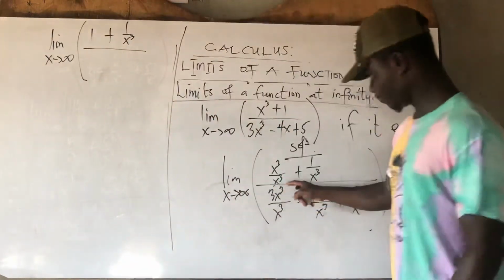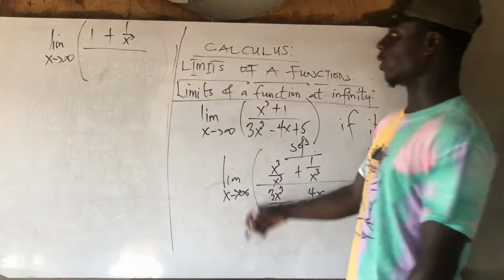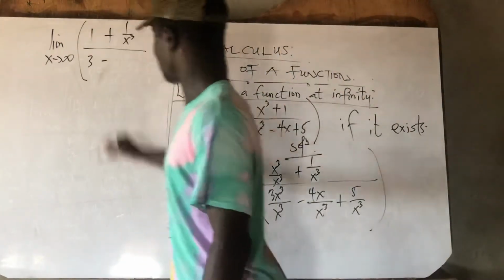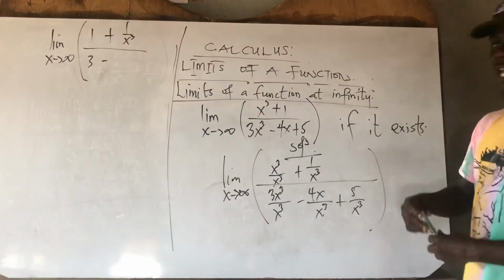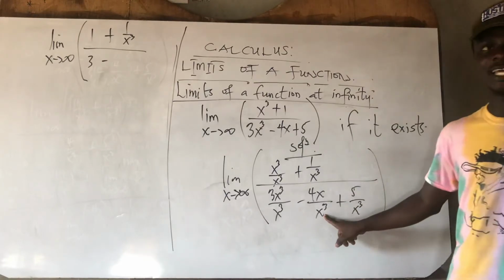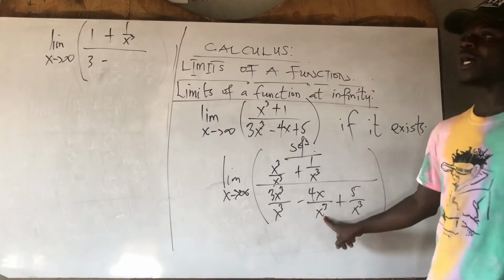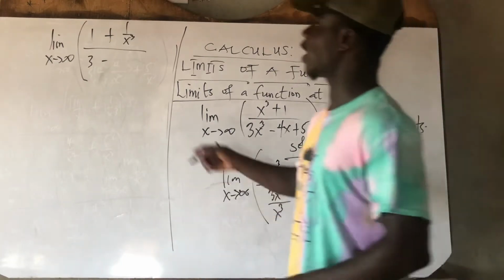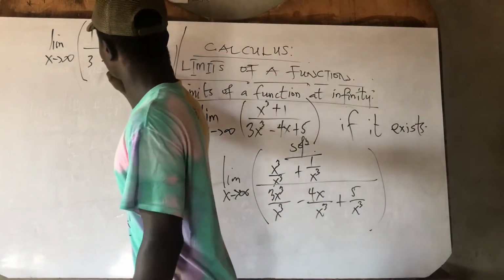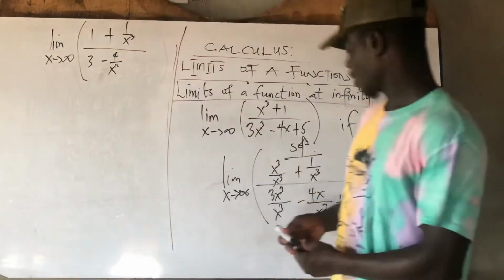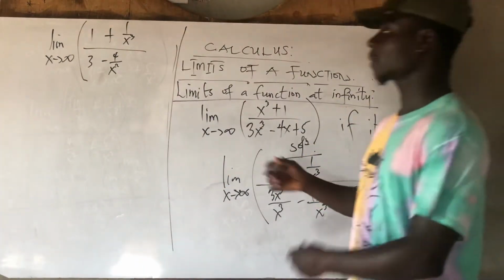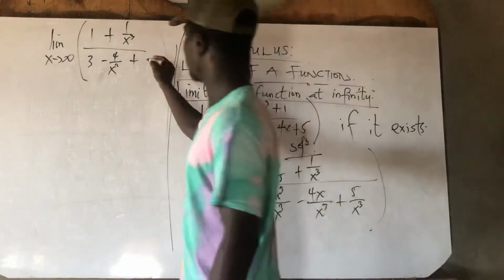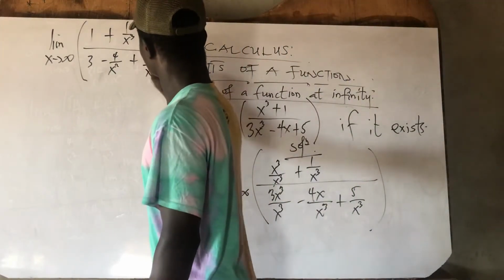In the denominator, this cancels that, so we get 3 minus. Now this x is to the power 1 and this is x to the power 3, so it takes one of these x's, leaving x to the power 2. So I have minus 4 over x squared, then plus 5 over x cubed.